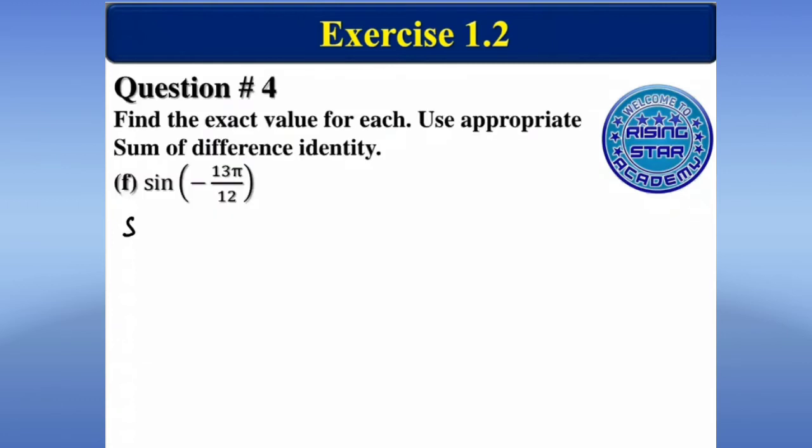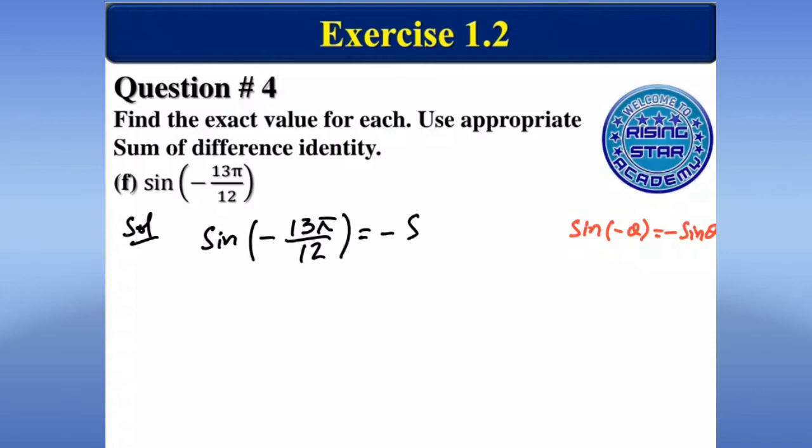In F part, we have sine of negative 13 pi by 12. Okay, so we know that sine of negative theta would be equal to negative of sine theta. So I will write it as minus sine of 13 pi by 12.